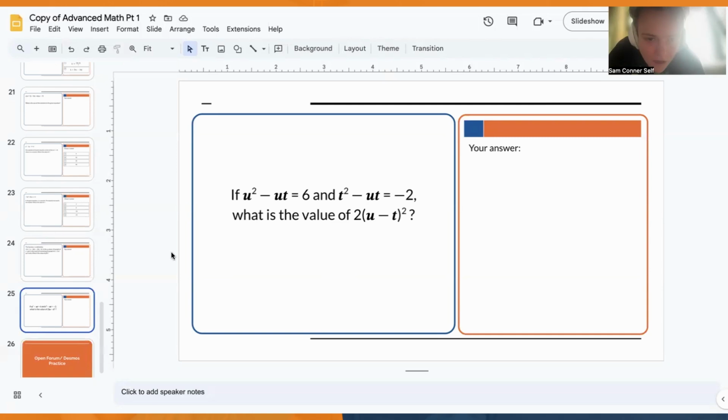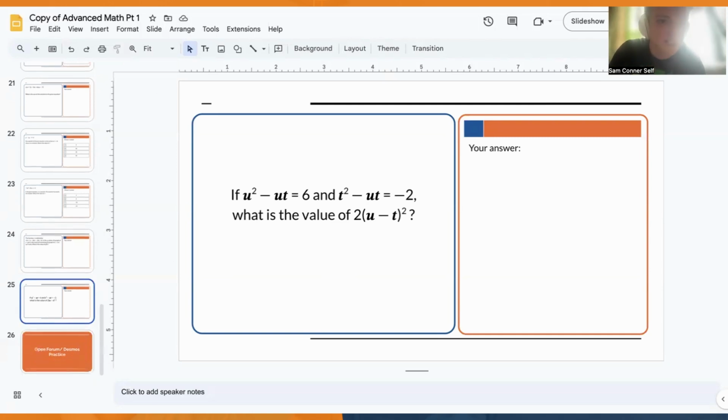So this is another difficult one. They say that u squared minus ut is 6, and then t squared minus ut is going to be negative 2.